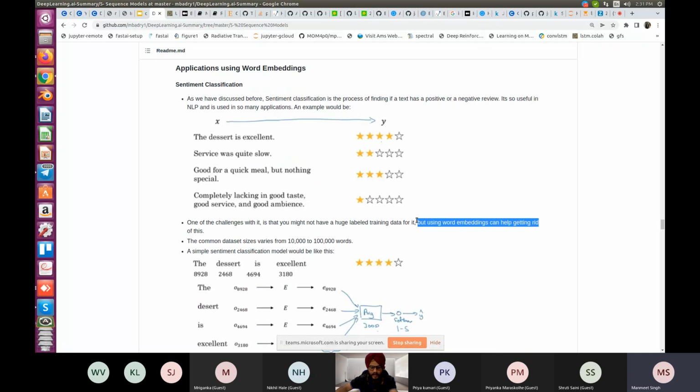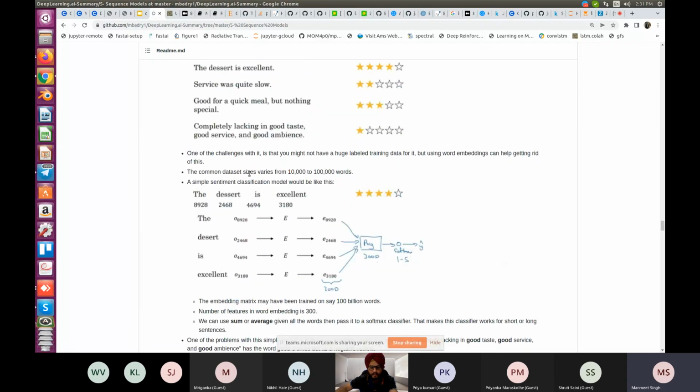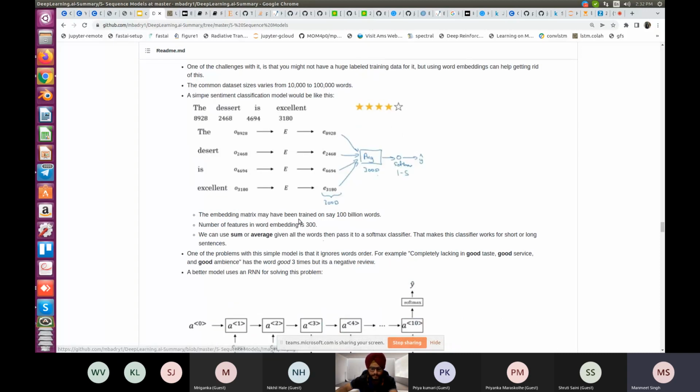And the common data set varies from 10,000 to 100,000 words, and a simple sentiment classification model will be something like this. So the dessert is excellent, and you have one hot encoding, you have the embedding matrix, and then you have the embedding vectors, and then you basically take some kind of average, and you go to a softmax layer which gives you a rating from 1 to 5.